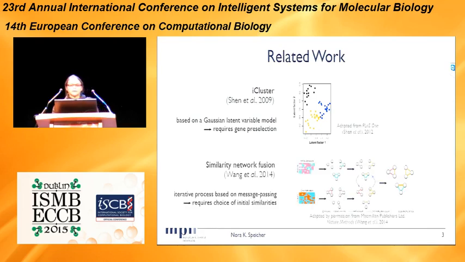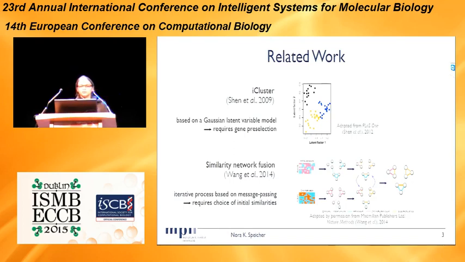Another method is similarity network fusion. As you can see in the picture, you have different input data types. From each input data type, you generate one patient similarity network, and these similarity networks are iteratively made more similar to each other until you end up with an integrative patient similarity network.